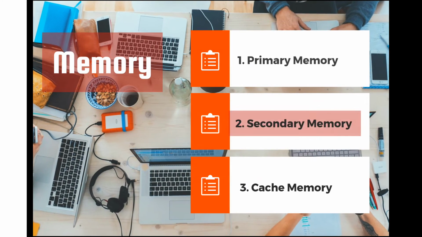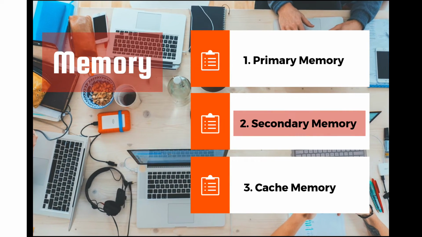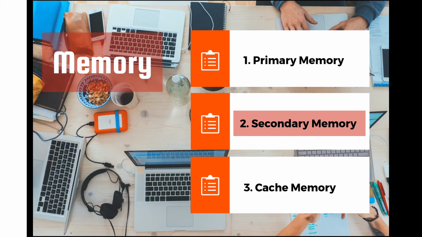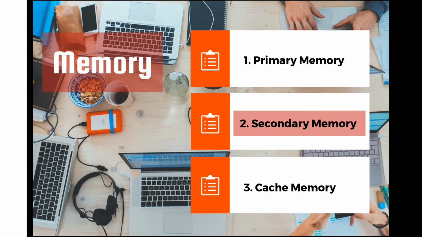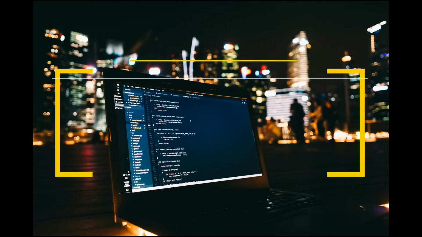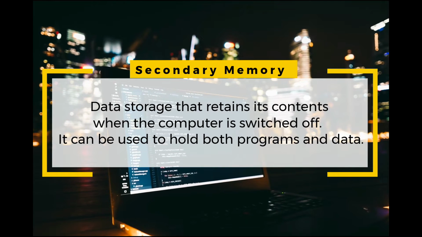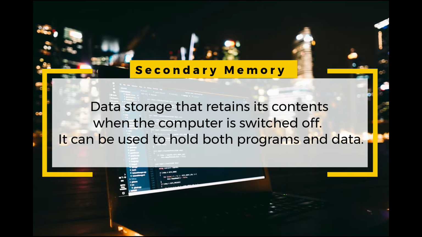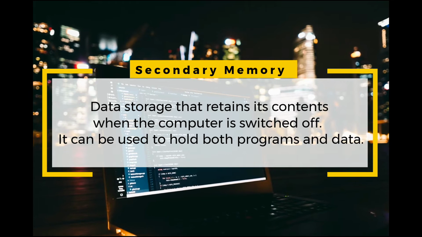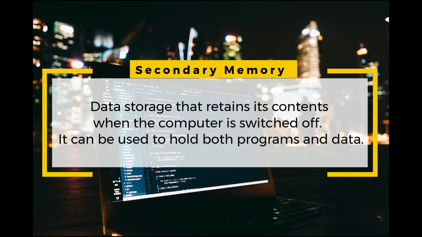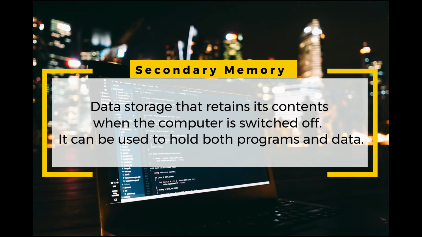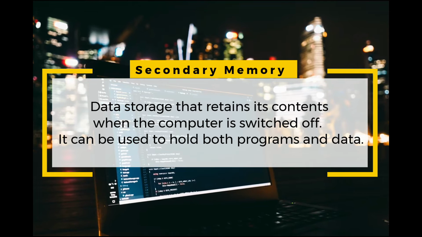Now it's time to move to the next type of memory, that is, secondary memory. Data storage that retains its contents when the computer is switched off can be called secondary memory, and it can be used to hold both programs and data.